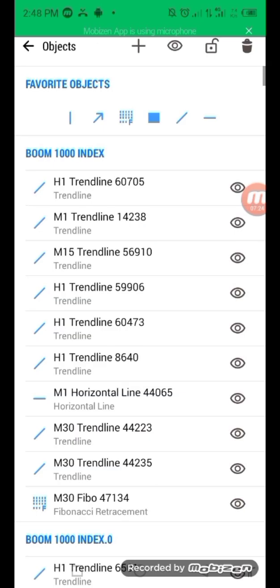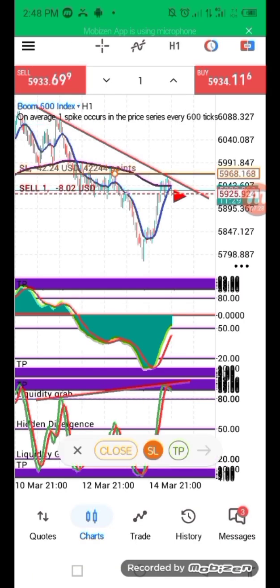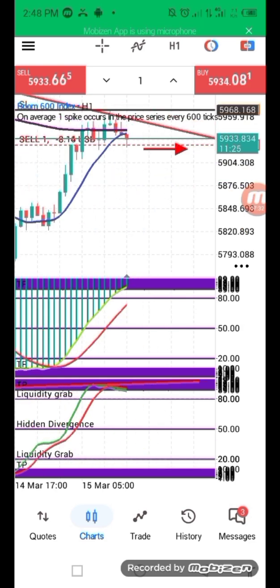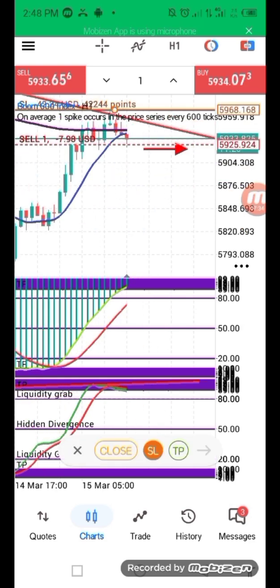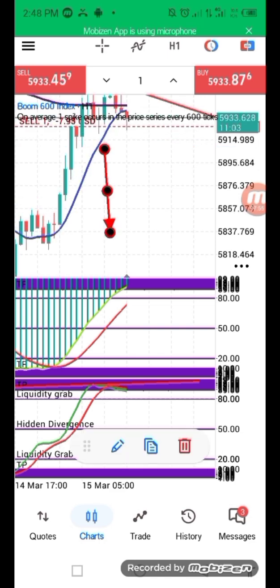Then I will go to the group and give my TPs using the Fibonacci tools today.